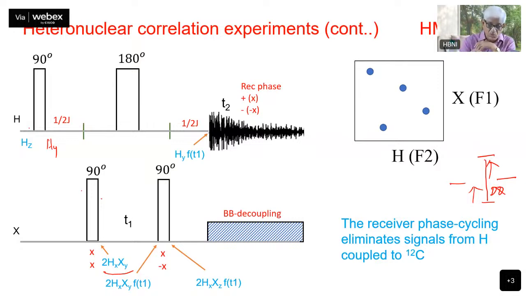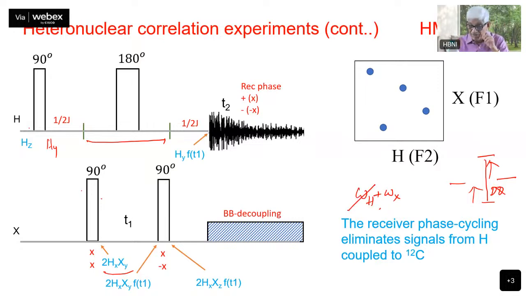However, we are applying a 180-degree pulse in the proton channel in the middle of the t1 period. So from here to here, what happens? This 180-degree pulse refocuses the proton chemical shifts. Therefore, the proton chemical shift does not appear during the t1 period at all, because the 180-degree pulse refocuses that proton chemical shift. Therefore, from omega H plus omega X, which is the double quantum frequency, the omega H will get removed.